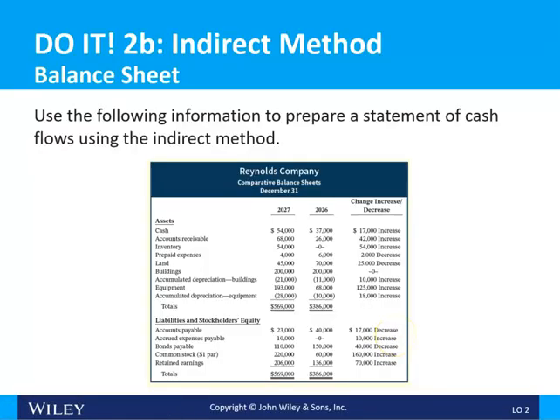And we've got to know how we handle those. So remember, an increase in an asset is a cash outflow, a decrease in an asset is a cash inflow, a decrease in a liability is a cash outflow, an increase in a liability is a cash inflow. So we can arrange those differences on the cash flow statement.